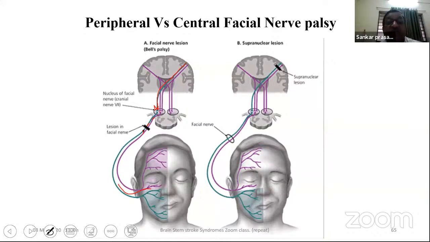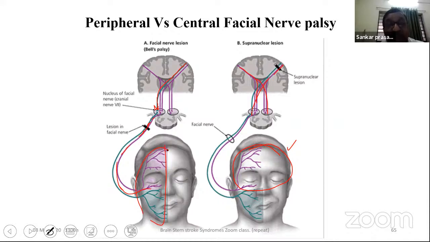So in presentation, we have to differentiate what is a supranuclear lesion and what is Bell's palsy. The bilateral representation is seen for the face. The supranuclear fibers control both sides, and that's why in a UMN lesion the upper part of the face is preserved and not affected at all, whereas if the lesion is in the nucleus or below, the whole of the face is affected.